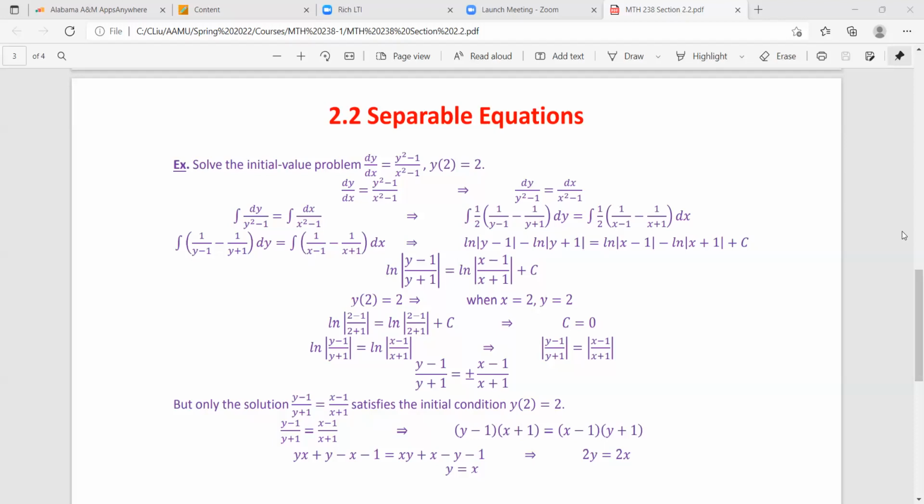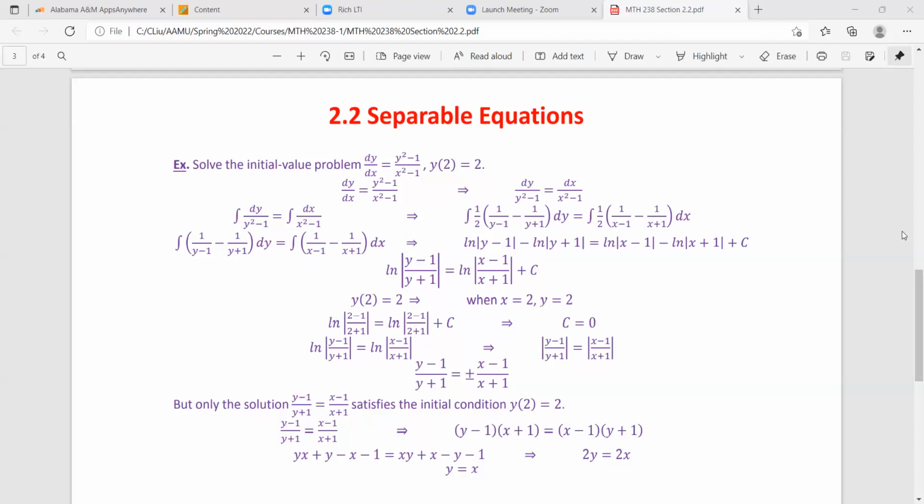Cancel the 2, so that becomes y equal to x. So the solution of this initial value problem is actually the function y equal to x. So the solution is pretty simple.